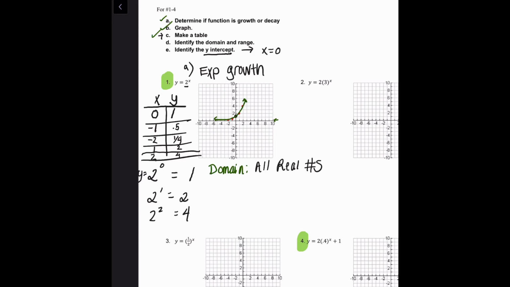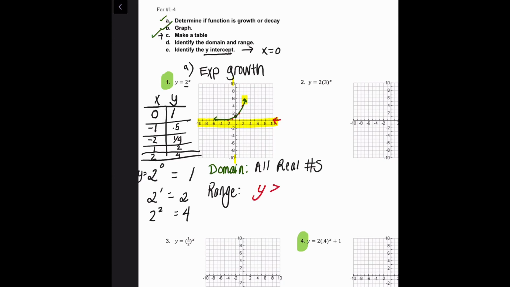And for the y's, the range, the lowest point the graph touches on the y would be not 0, but almost 0, up until infinity because of this arrow right here. It goes on forever. So when we write this, we have to be careful. It never touches the line y is equal to 0. So we have to be careful with our inequalities.